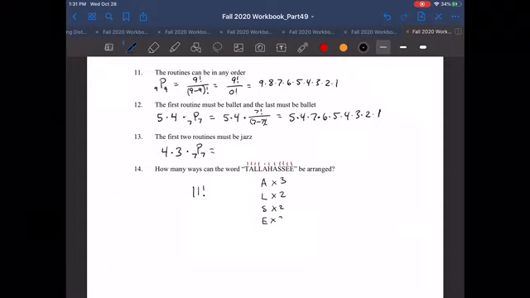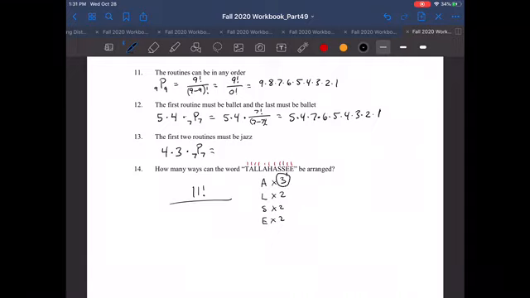So E's are times 2. And so to get rid of all the possible ways where those are just repeating, what you do is divide by the number of ways an individual thing repeats, factorial, like that. 2 factorial. Essentially, we're dividing by the number of ways we can arrange those identical letters and removing all the ones that give us duplicate results. And so that would be the answer there for that one.